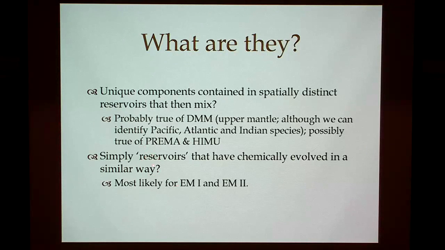They're reservoirs in some sense that have evolved in a similar way. It doesn't mean that whatever is producing Tristan is also producing Kerguelen. It's just that those plumes contain material that's evolved in some similar way.